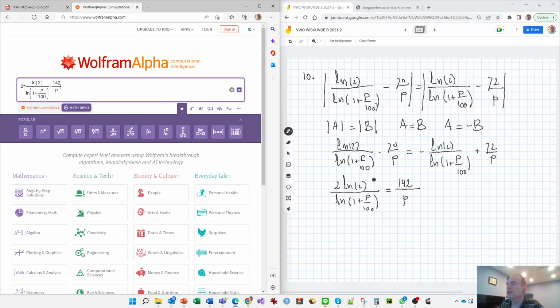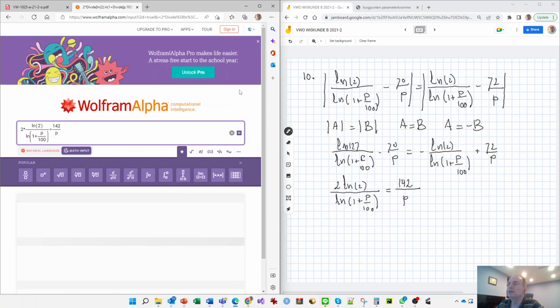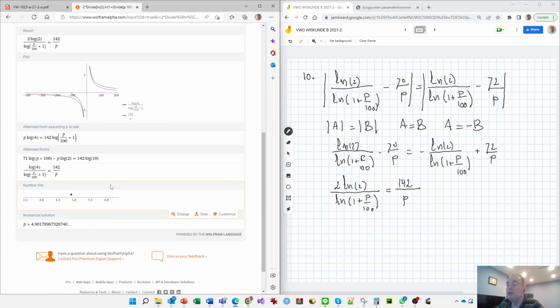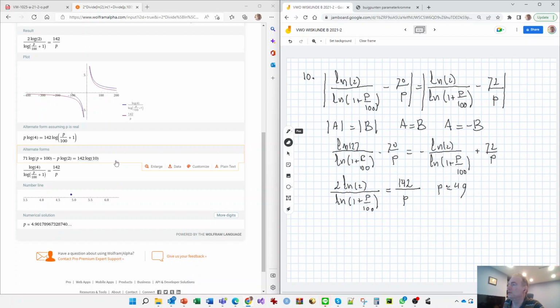Double check. And then I get p is roughly 4.9. One decimal, so years.